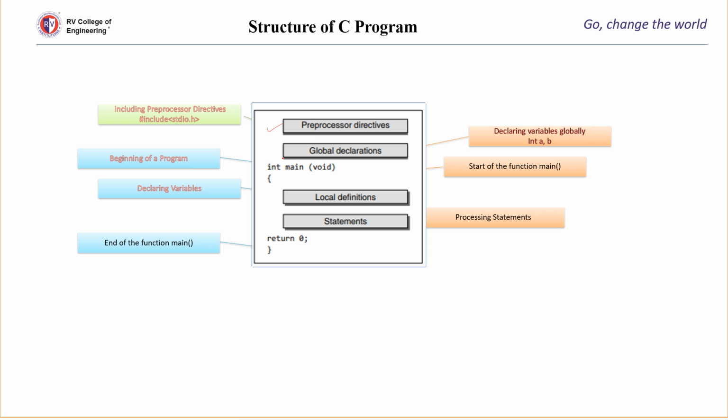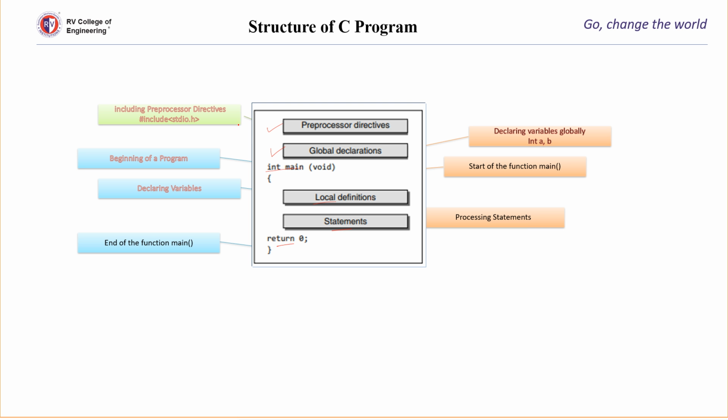This is the first statement in our program. Then we have something called global declarations. Then comes the main. Inside the main we have local definitions, statements, the return statement and the end of main. So you have to observe this clearly here.